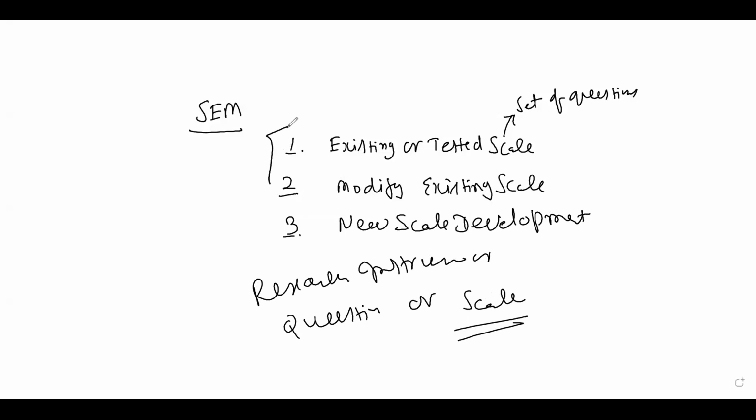So in quantitative research, generally we use an existing or tested scale, or we modify it according to our objectives. Rarely do we use new scale development, because it is a big process. Why do we develop a new scale? When there is no literature available to measure the particular phenomenon.